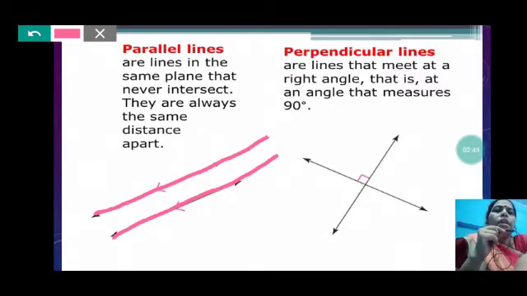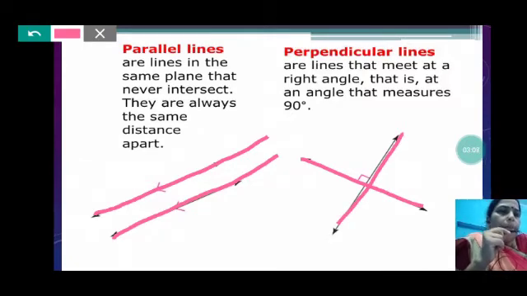Now, what are perpendicular lines? Perpendicular lines are lines that meet at a right angle, that is, an angle that measures 90 degrees. Here we are seeing two lines, one line here and the other line here.